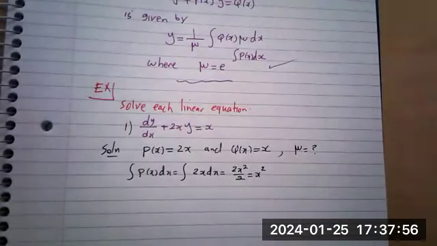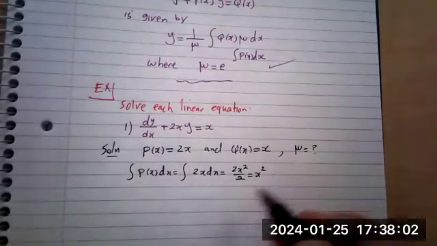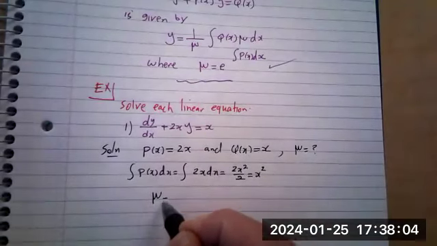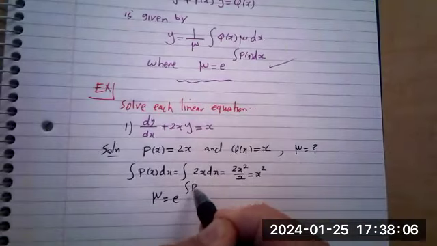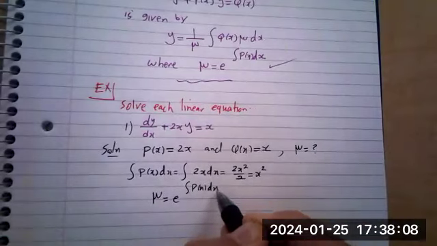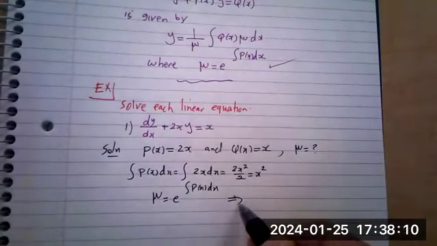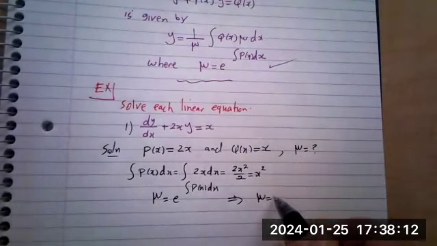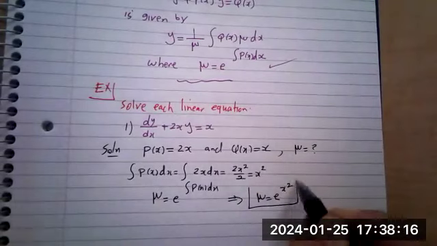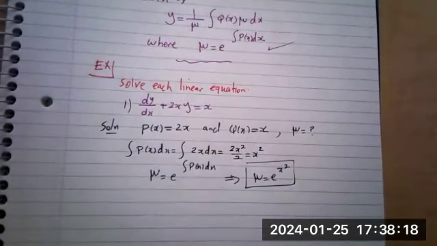It's just finding that one function you are looking for. So mu, just to remind you, this is the formula for the mu. So mu is e to the x squared. That's step 1, find the mu.